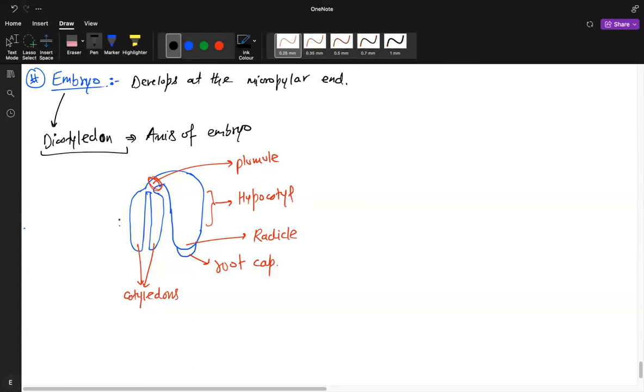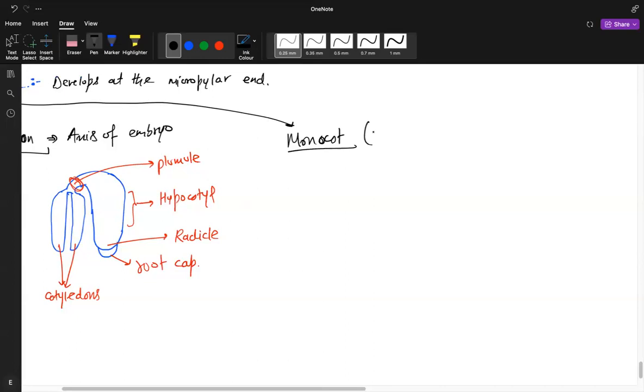Yes, sir. If we go in this direction, first come the cotyledons. If I just make the embryo straight, below it comes the hypocotyl. So that's why it's named the hypocotyl region. So this is for a dicot. In case of a monocot embryo, there is no axis.